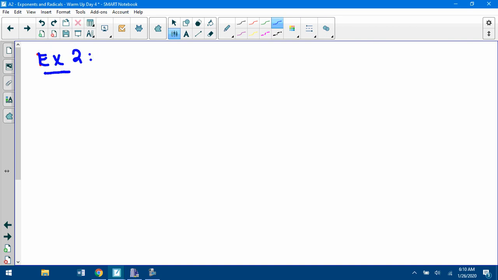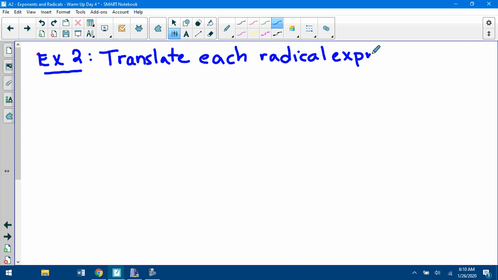The other type of question you'll see in the homework, the directions say something like this. Translate, basically going the other way. Translate each radical expression into expressions with rational exponents.